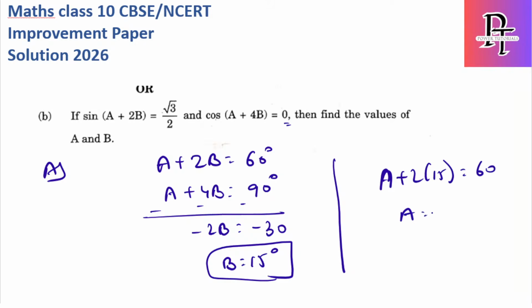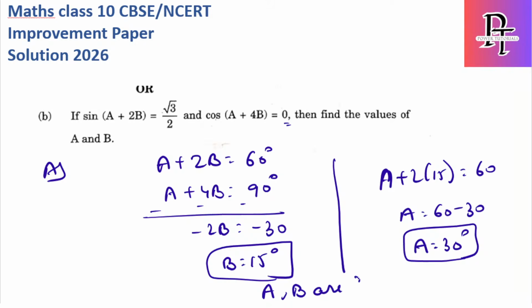So A is equal to 60 minus 30, hence the A value is 30 degrees. So find the A and B. So A comma B are 30 comma 15. So this is straightforward compared to the A answer. Okay.